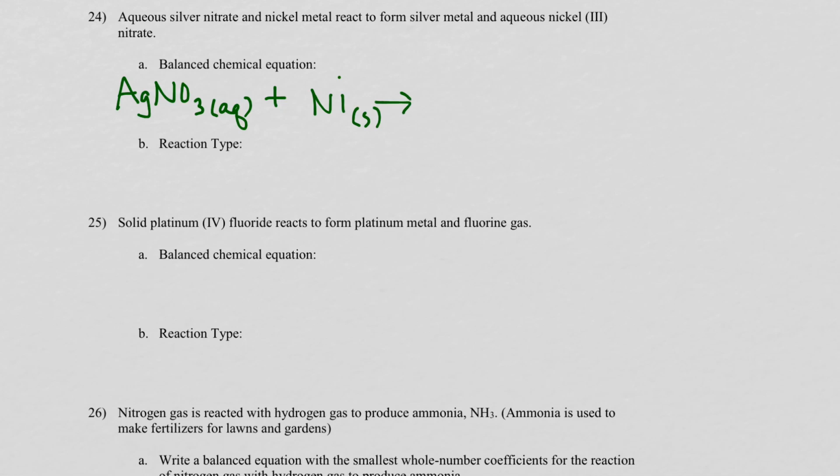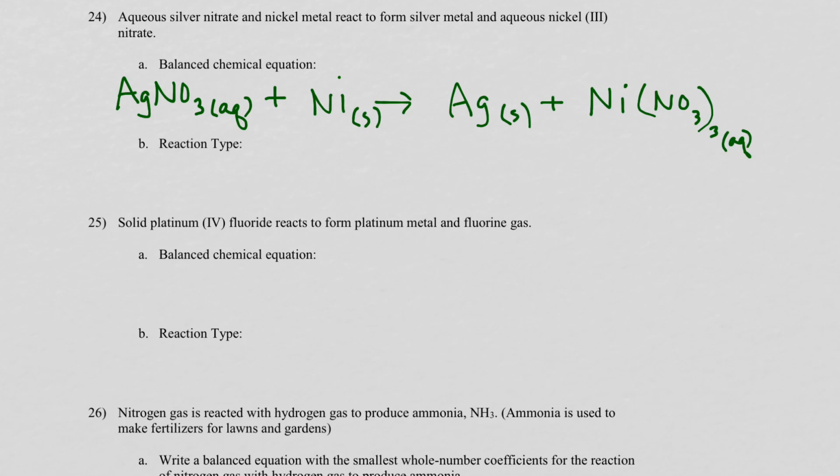React to form silver metal, Ag solid, and both nickel and silver, they're not part of the diatomic 7, so it's important to remember that you're checking we don't miss any that are supposed to be diatomic. And last but not least, nickel(III) nitrate. Nitrate's -1, and nickel 3 means the nickel is positive 3, so Ni(NO3)3, and it tells you in the question that it's aqueous.